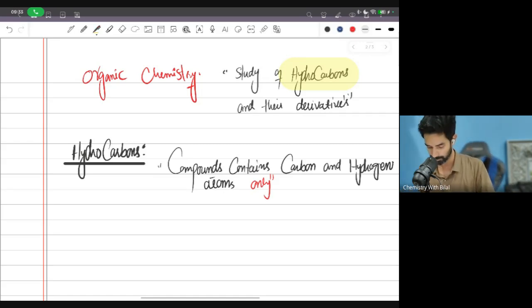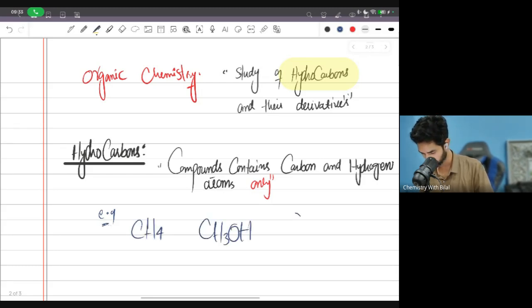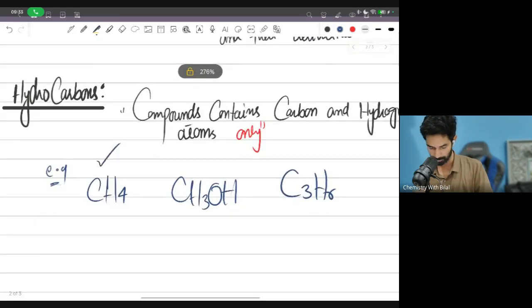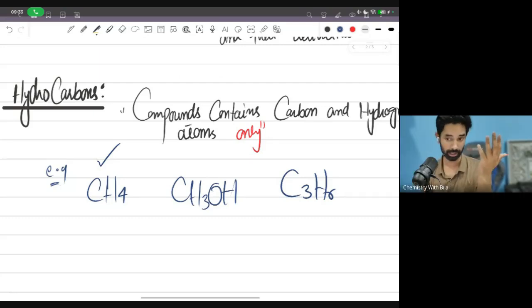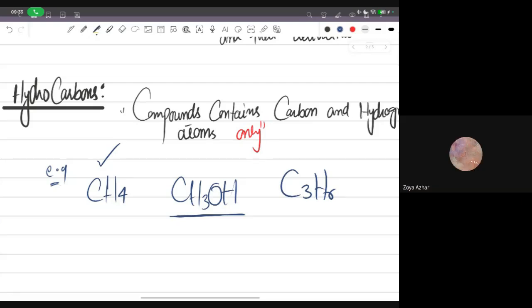Okay, let me write a few examples and I want you to identify which of these are hydrocarbons. What do you think about the first example? Is this a hydrocarbon? Yes. Is this a hydrocarbon? Yes, it contains only carbon and hydrogen. Is this a hydrocarbon? No. Why?